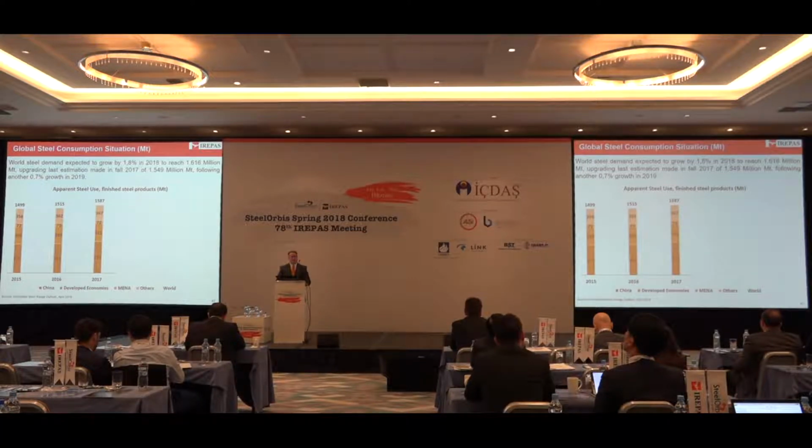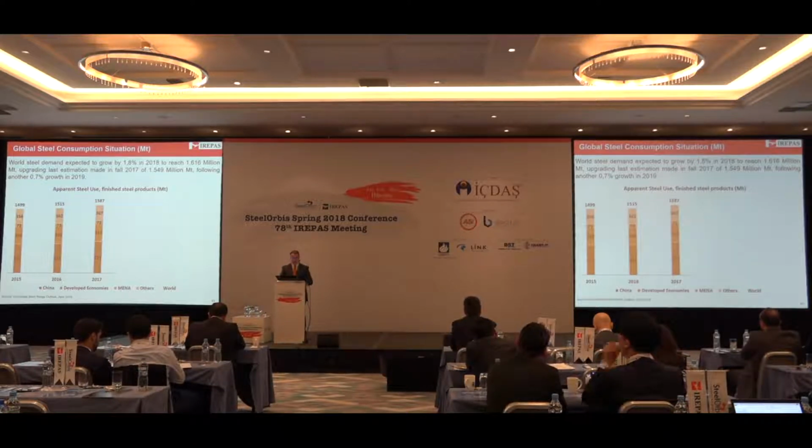Then the final figure for 2017 consumption of steel, all types of steel products together, amounted to 1,587 million tons. Almost 50% of this consumption of steel was in China. You can see the figure of 737 million tons in China, which is rather below 50%.